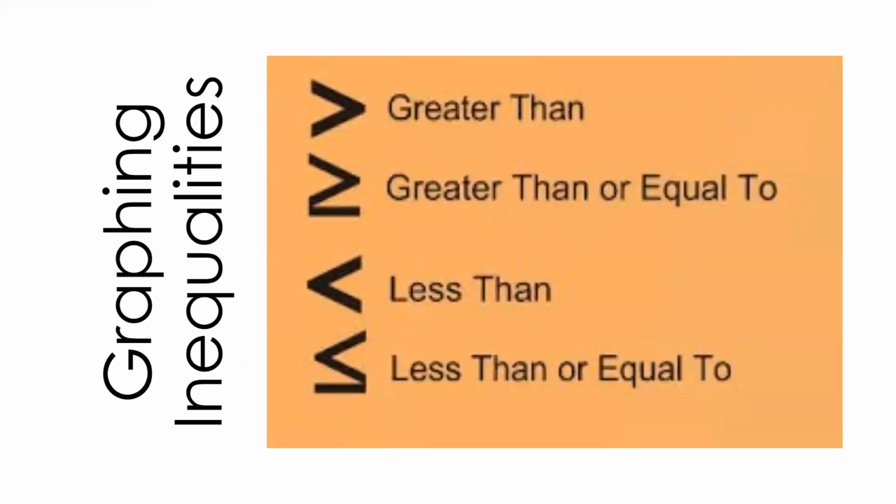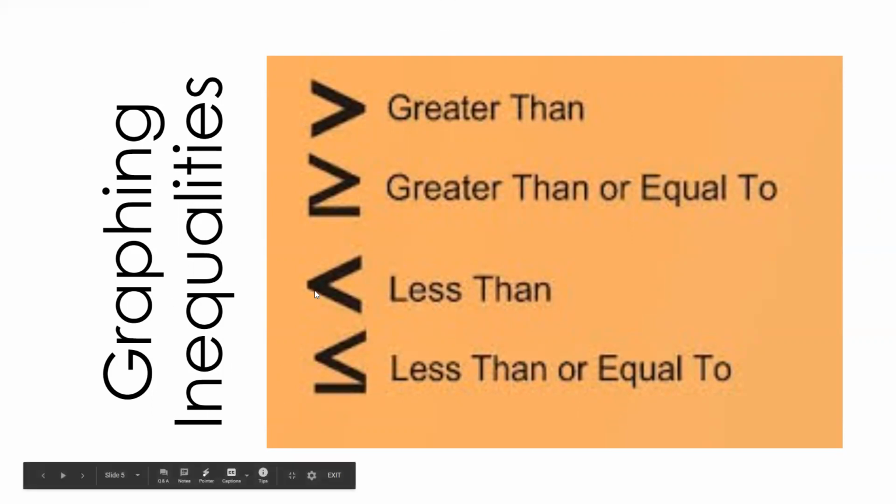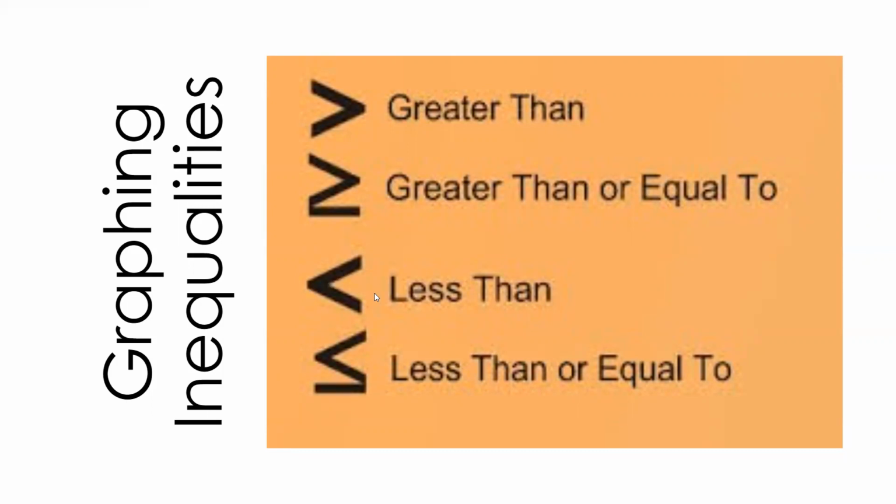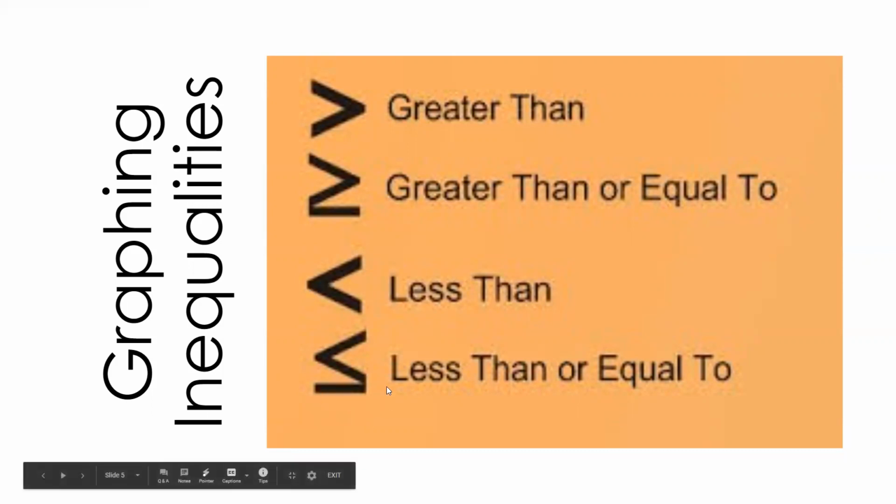Hopefully you're thinking these answers. That first one is your right hand, so it's the greater than sign. If it has a line underneath it, that means or equal to. Your third one in line, this one right here, is your left hand, left less. So that is your less than sign. Again, if it has the line underneath, that means or equal to.